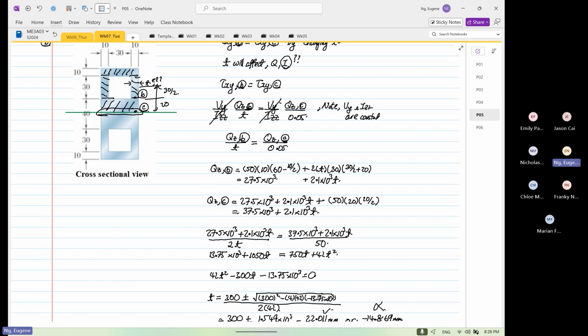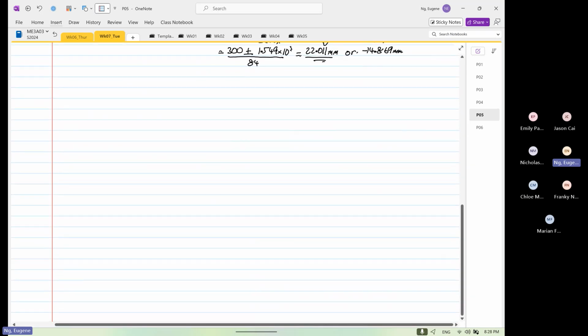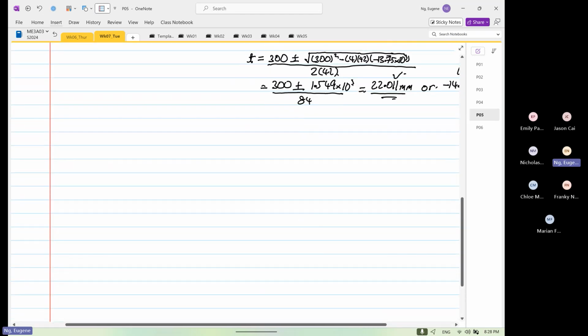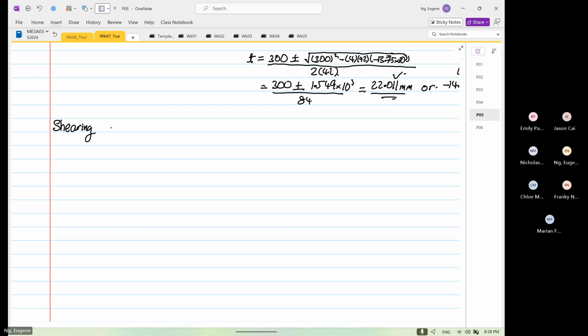Right, so the last part I'm going to do today is composite shearing stress, in composite or sandwich material, like what you have seen in your term test.